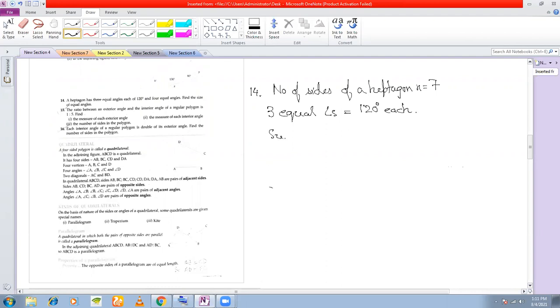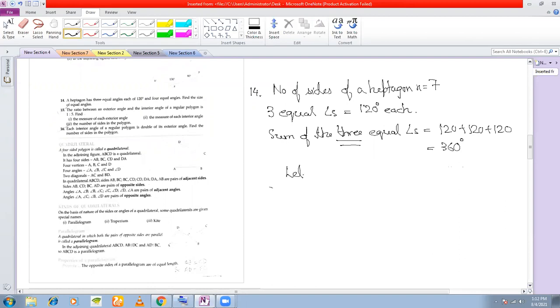The sum of the 3 equal angles is 120 plus 120 plus 120, or 120 into 3. It is equal to 360 degree, right? Now, 3 angles have already been taken care of. How many remaining angles? 4 remaining angles. And all 4 remaining angles are equal.